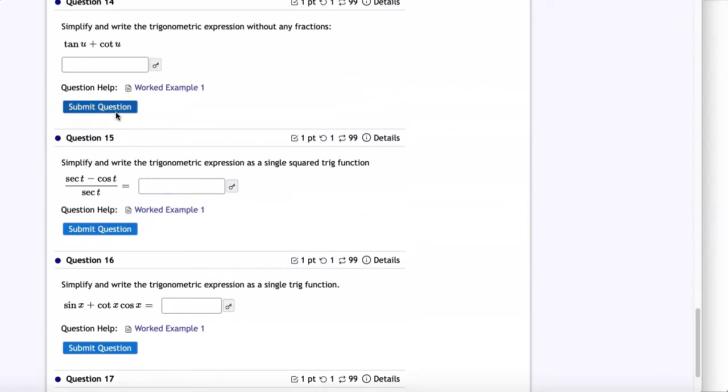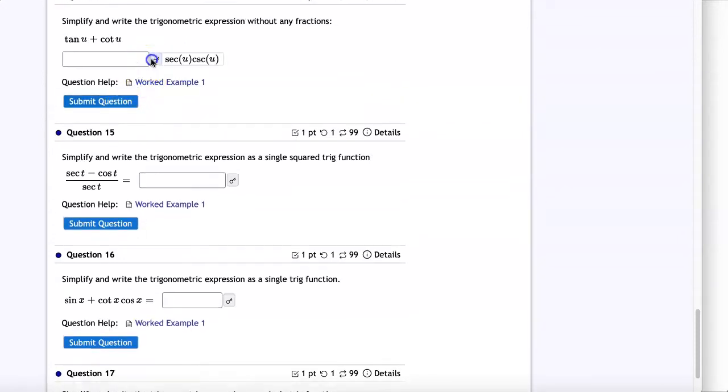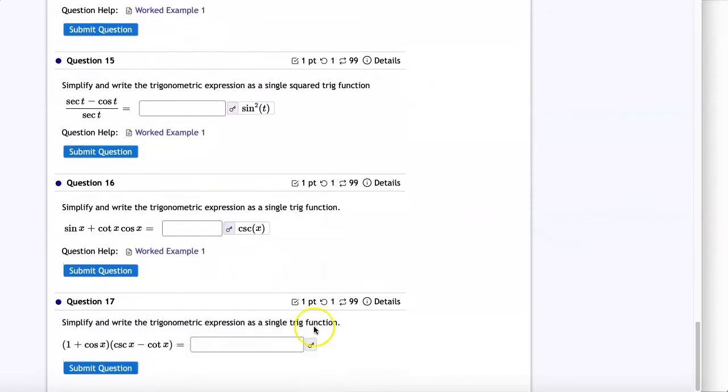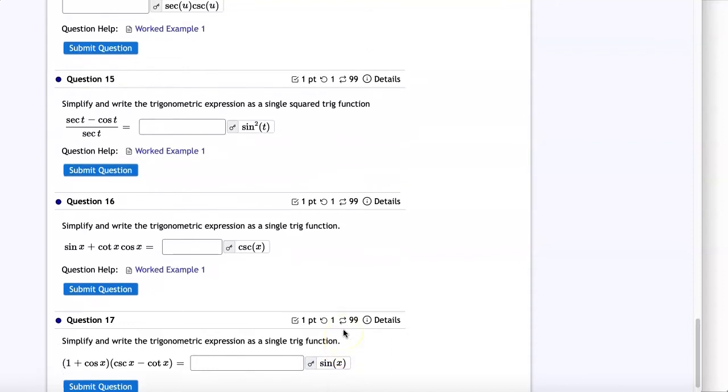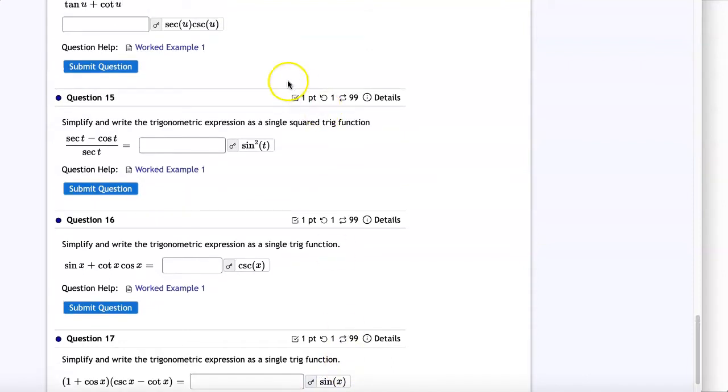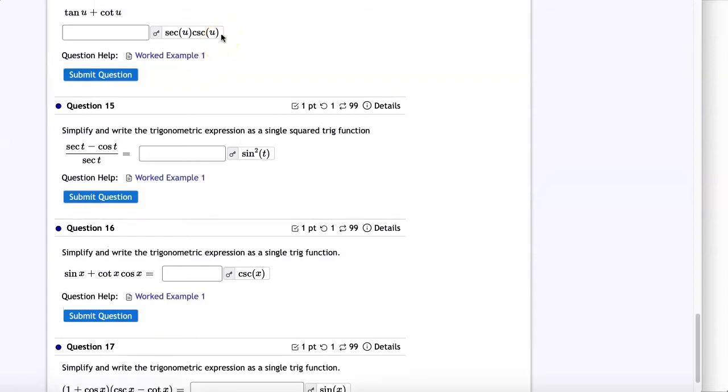The point of these problems is even if you're given the answer, even if you knew the answer, and right now I'm showing you the answers, can you get to these answers through your own work?